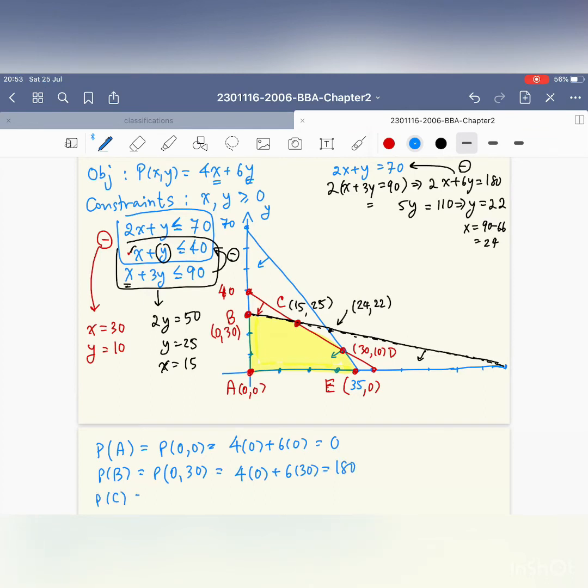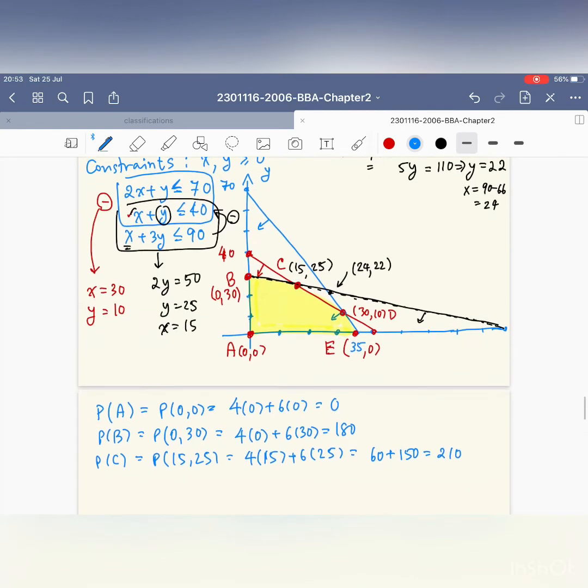Your P at C, it is P at 15 and 25, so it is 4 times 15 and 6 times 25. So 4 times 15, you got 60, right? And 6 times 25, you got 150, so together you have 210.